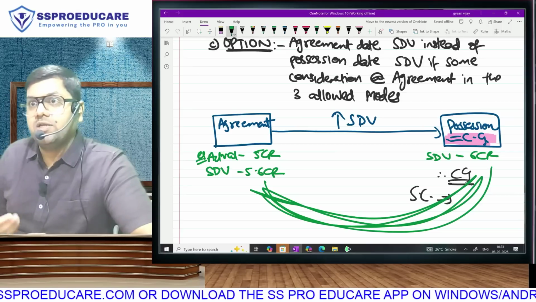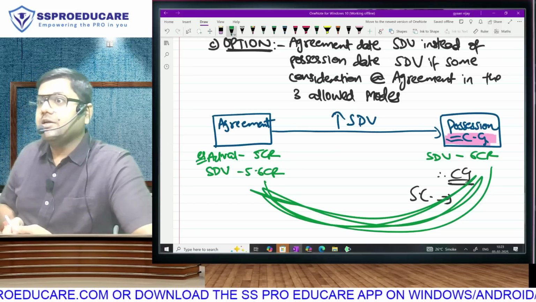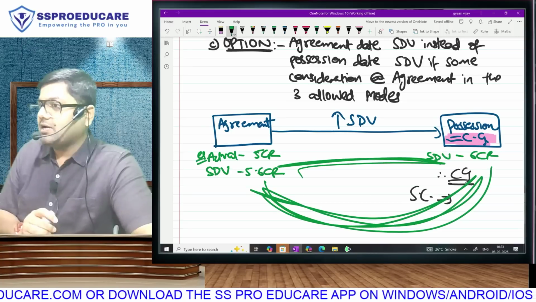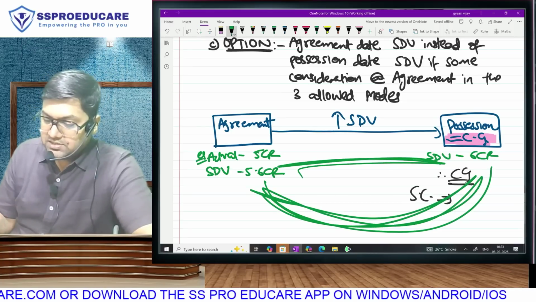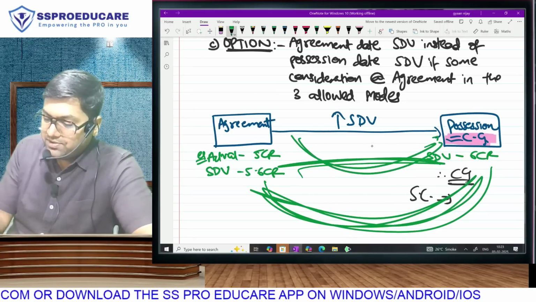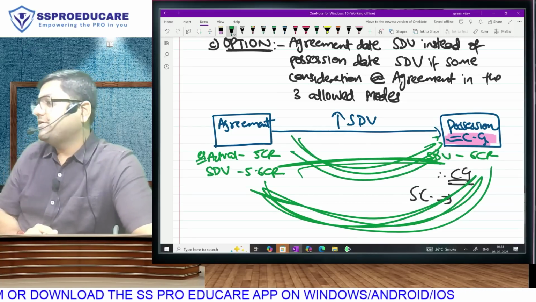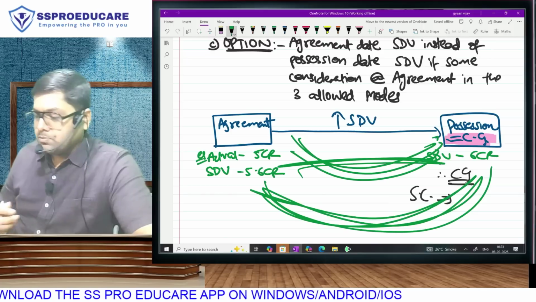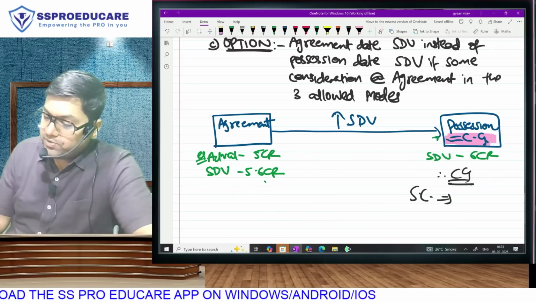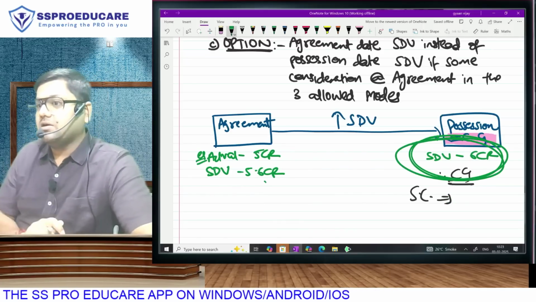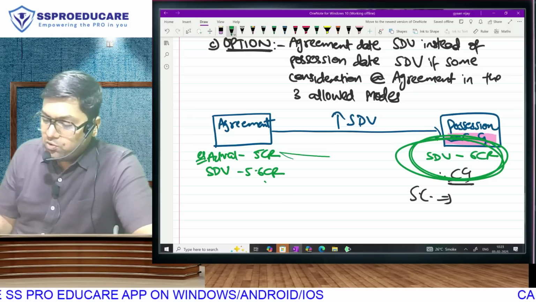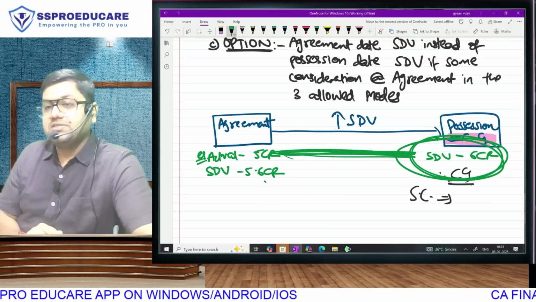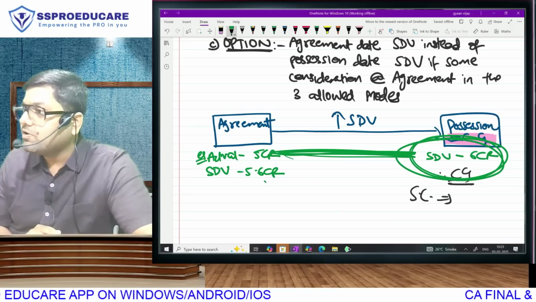Agreement means only that we have locked the price, irrespective of fluctuation in market value. So everyone understands that I am never going to earn the increase that is being shown. That I am never going to get. But my capital gain will be computed on this date only, because possession triggers it. And if you go by that rule, then this will become whichever is higher, which is not fair for me.